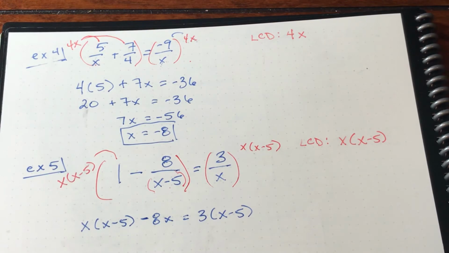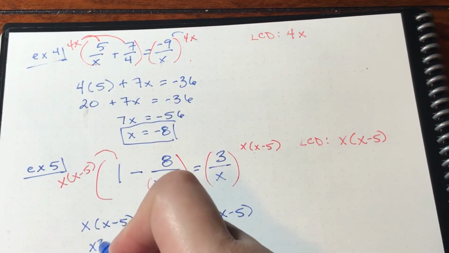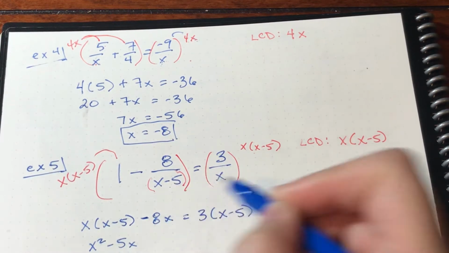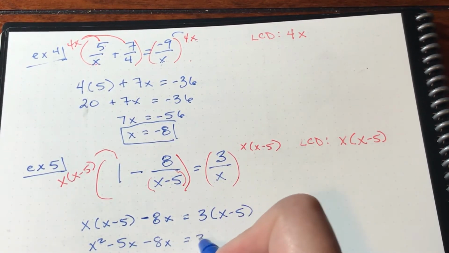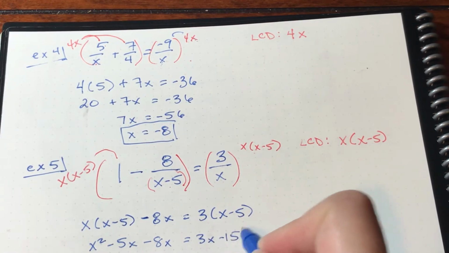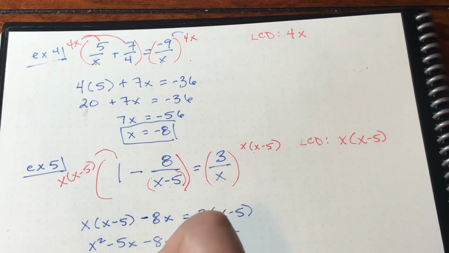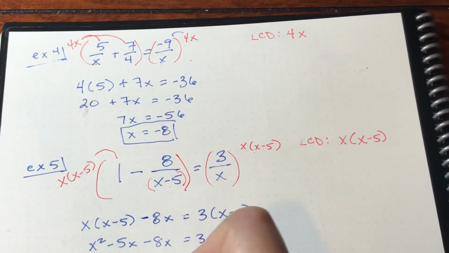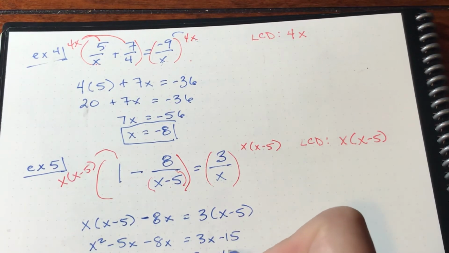Okay, and then I'm going to use distributive property, x squared minus 5x minus 8x equals 3x minus 15. And then I'm going to combine like terms, so x squared minus 13x equals 3x minus 15.